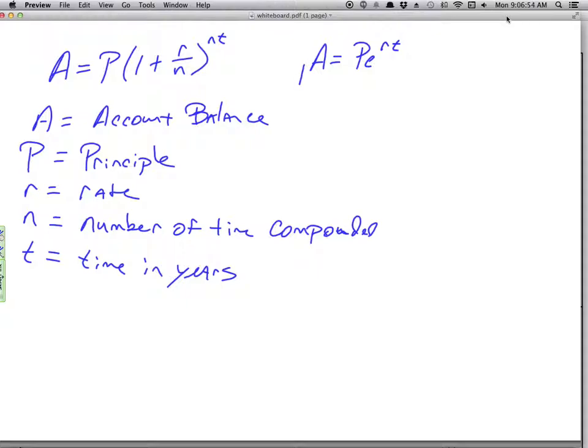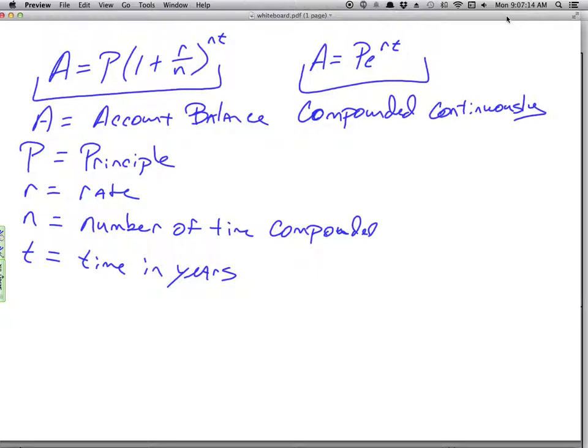Now we use this one right here when we are compounding continuously. We use that formula when we're compounding continuously, and what do you think we use this one for? Not continuously, when we are compounding a specific number of times.